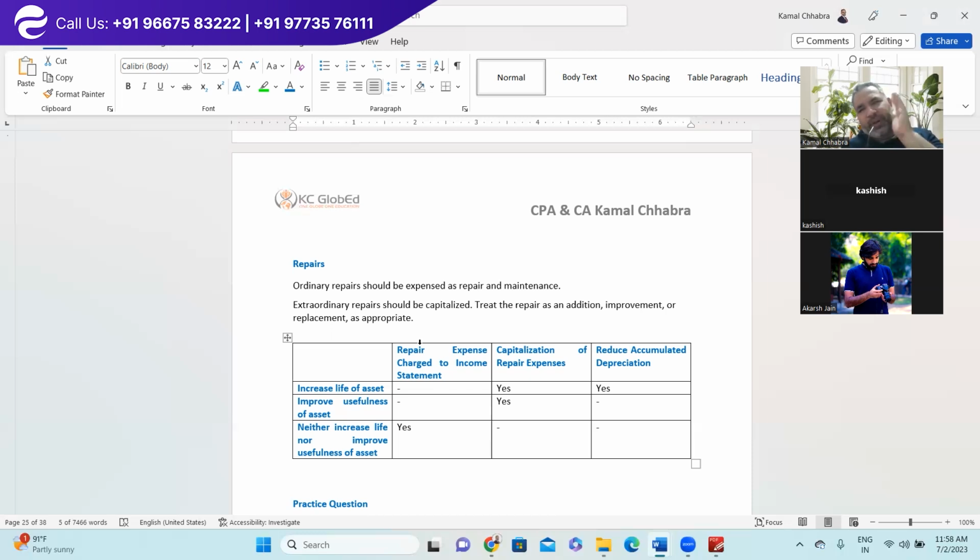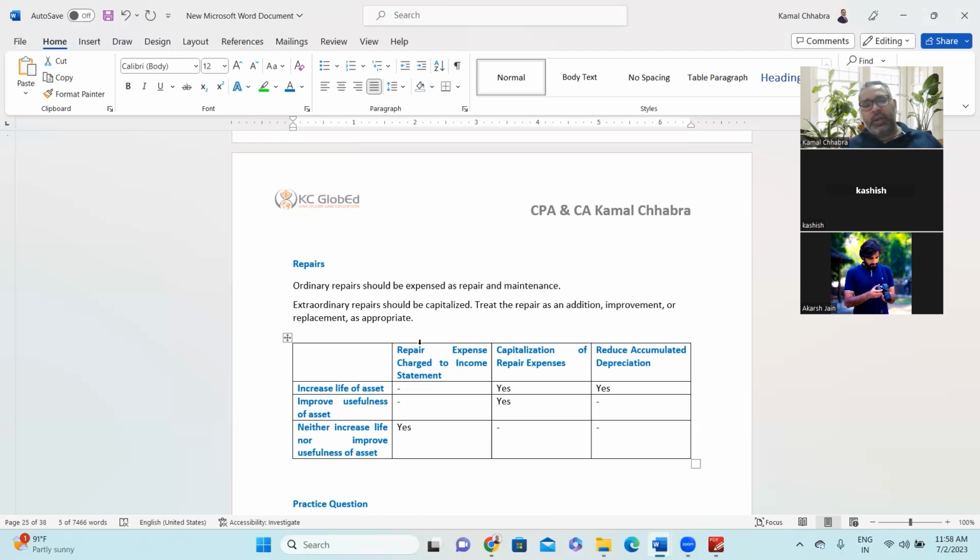And now the company has offered new software. If you install that software into your printing machine, it will increase the efficiency from 100,000 square feet per day to 120,000 square feet per day.